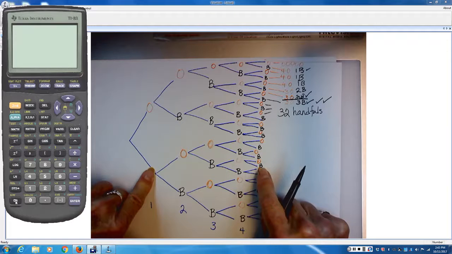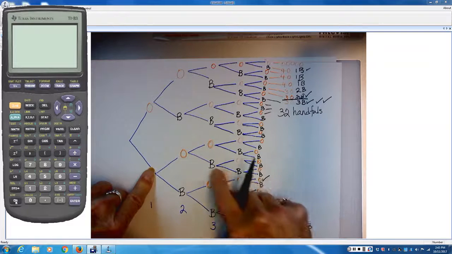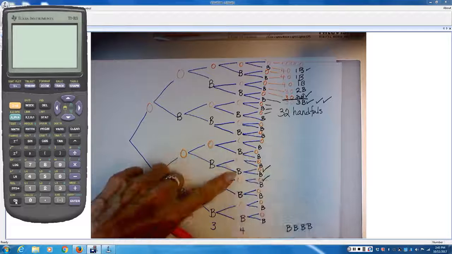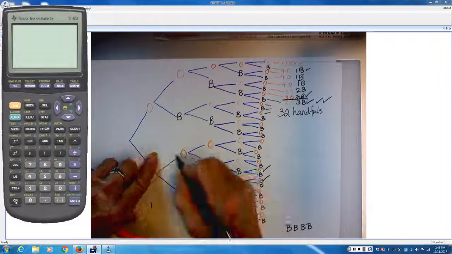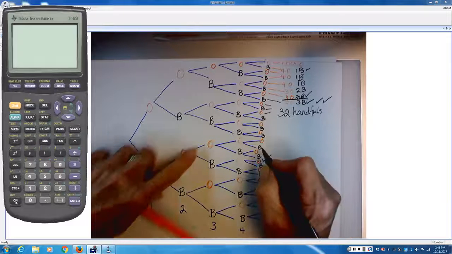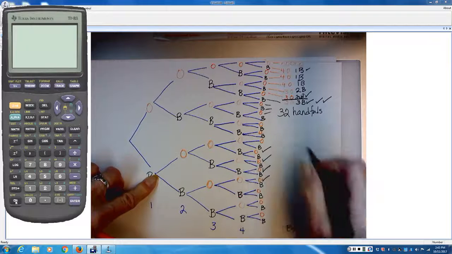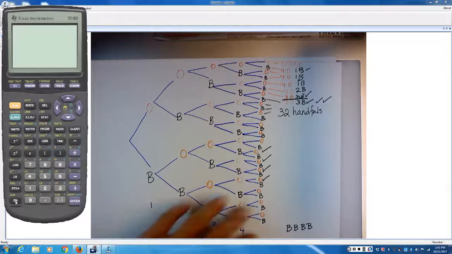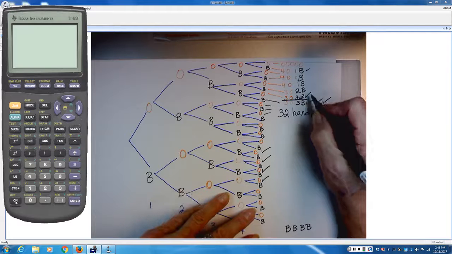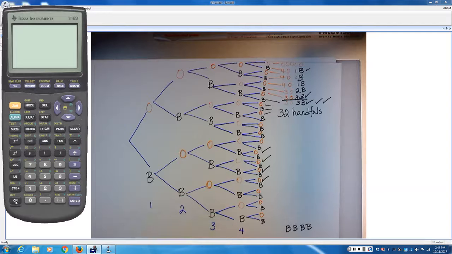No. Yes. Yes. Yes. And that's a no. So I have 1, 2, 3, 4, 5, 6, if I counted right. So 6 out of the 32 possible handfuls would have the combination I'm looking for.